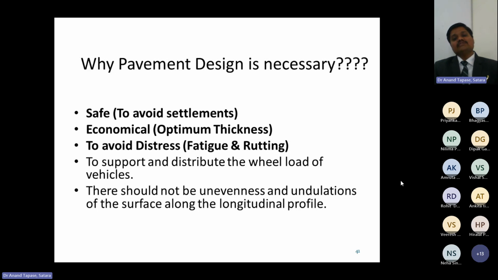They constructed transportation routes everywhere. In those days, quality was the only parameter. They were not looking at the economy; they were looking at thickness.